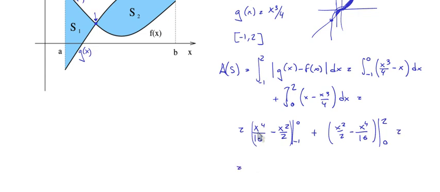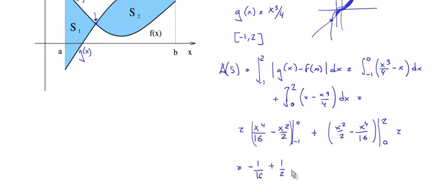So at 0 this is 0, and then at -1, 1 to the 4 is 1, so this is -1 over 16, and then minus, plus 1/2.